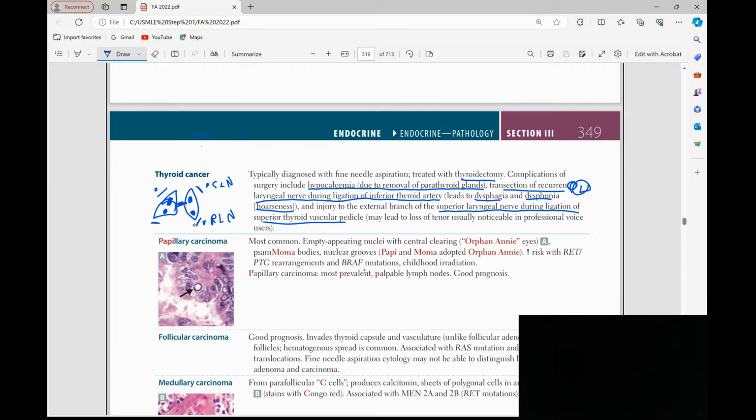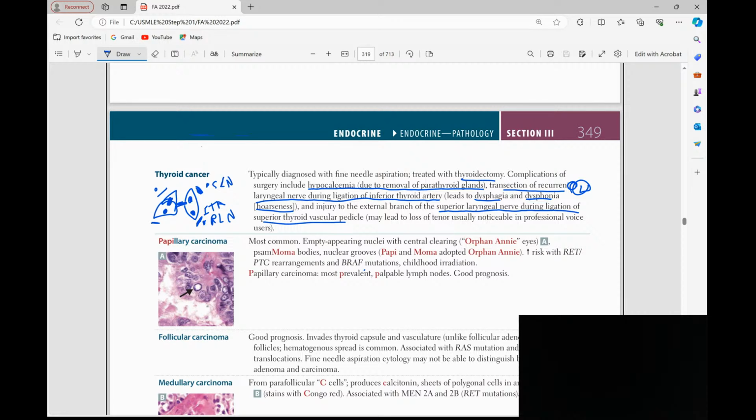So when we ligate the inferior thyroid artery, it will cause injury to the recurrent laryngeal nerve, and in the superior thyroid artery it will cause injury to the superior laryngeal nerve. This is because they are in very close proximity.